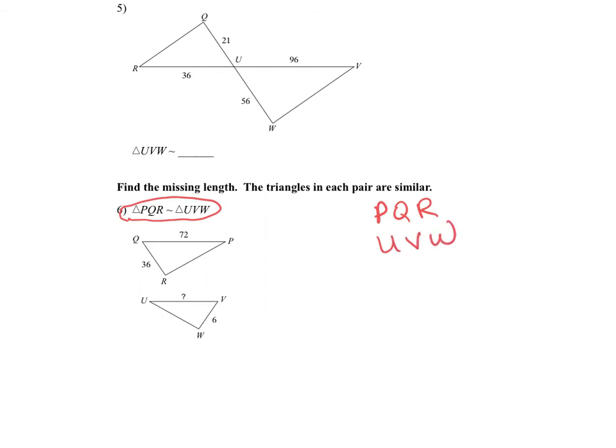It's easier for me to see, so if I put this angle here is 36, this side here is 36, QR is 72. Everybody get that? And over here I have 6. Who does VW go with? It goes with QR, so it goes over here. Do you understand why I'm putting it over there? And then you put your X over here. Does everybody understand why I'm doing that?